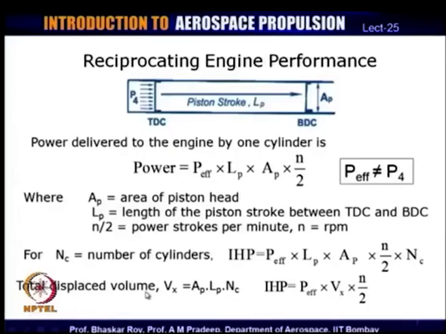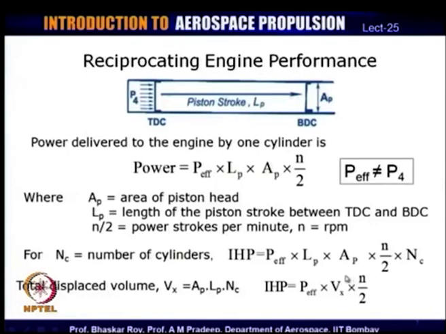You might hear the same thing about various automobile engines, where the total displaced volume is quoted as the engine capacity. And hence, we can now write IHP in terms of effective pressure, the total displaced volume, into the power strokes per minute, which is n by 2.